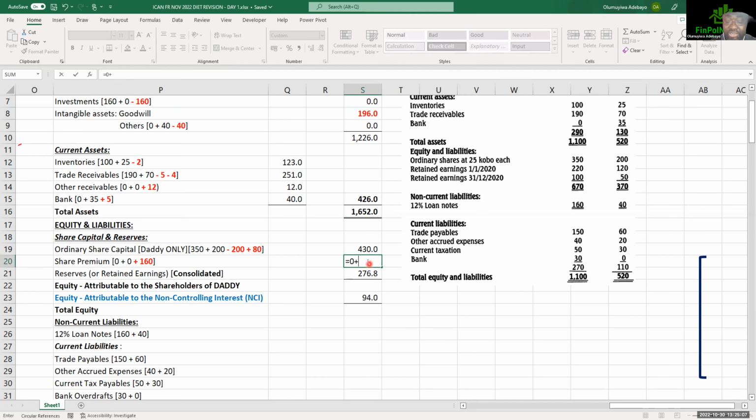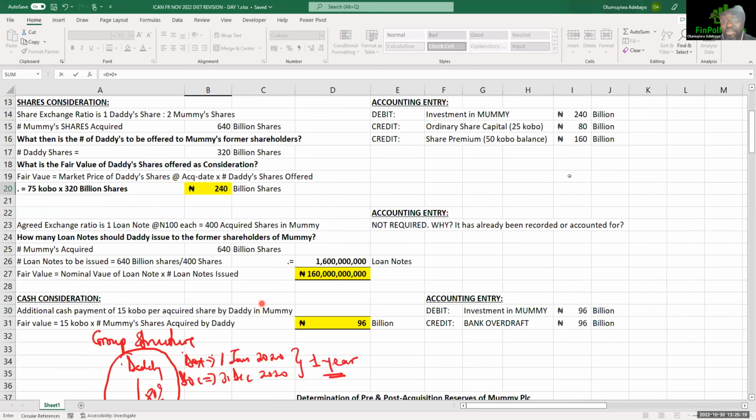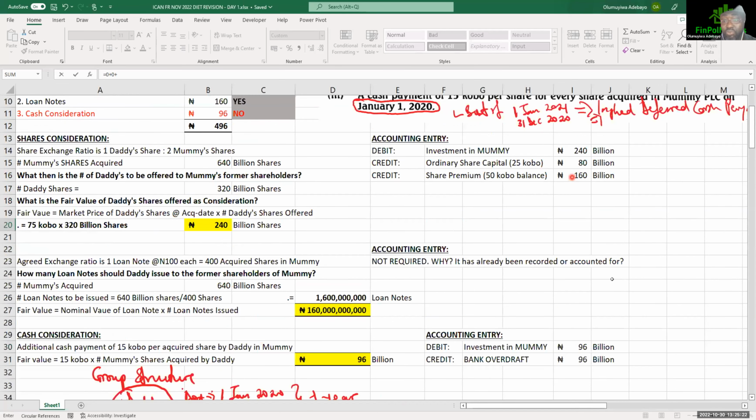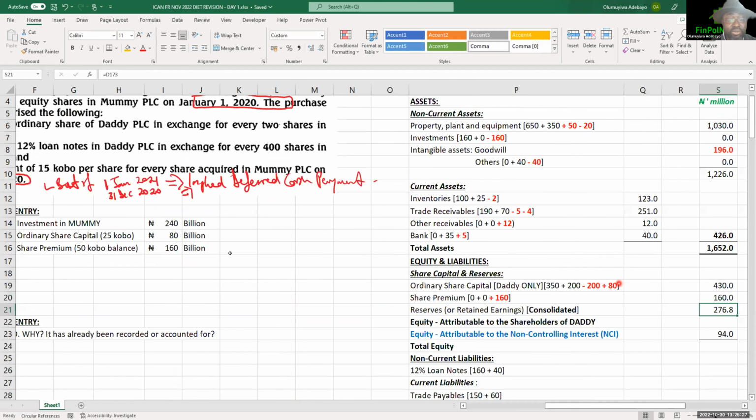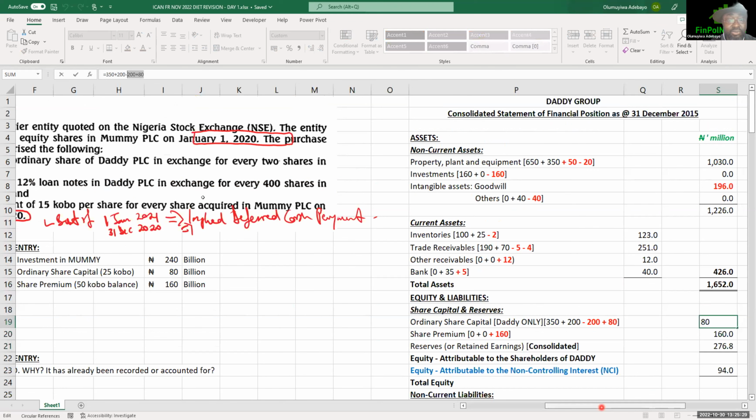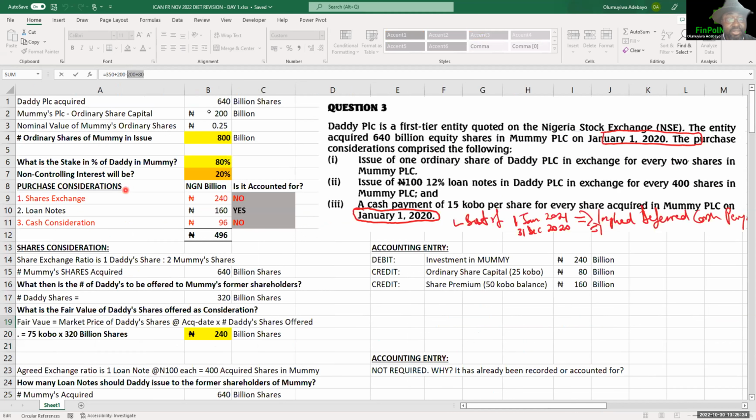This we have is 0 plus 0 plus 160. Where's that 160? That's it, yeah? This other 80, let me link it. The 200, if you remember, was the 200 share capital, yeah? And the 80 was this, which is simply just for you to be able to trail it.